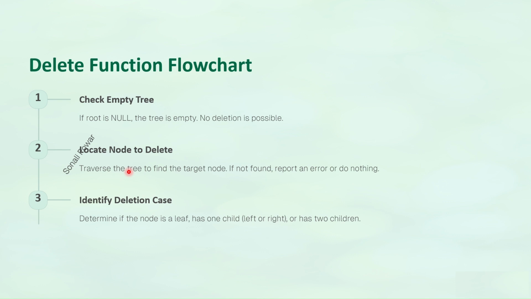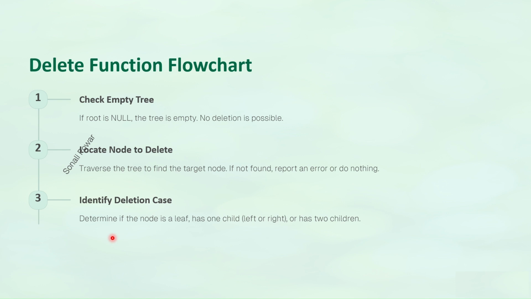Now step number 2 is we check whether the node we want to delete is present in the tree or not. If the node is not present in the tree, we simply show a message saying the node is not present in the tree. Otherwise, we will move towards step number 3. In step number 3, after locating the node, we need to determine what kind of node it is.